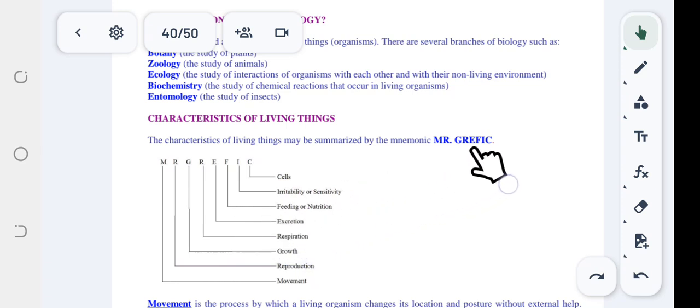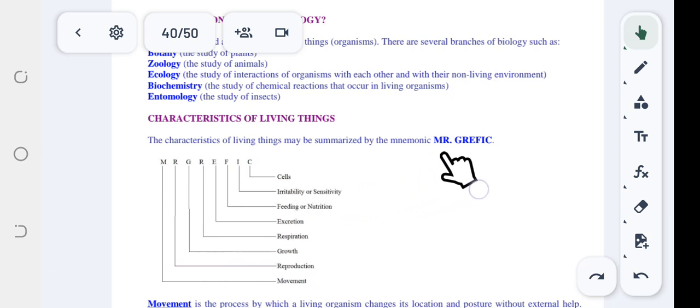The other E, the first one, just comes from respiration. Then the next one is F, which represents feeding or nutrition. I represents irritability or sensitivity. The last part, C, represents cells.